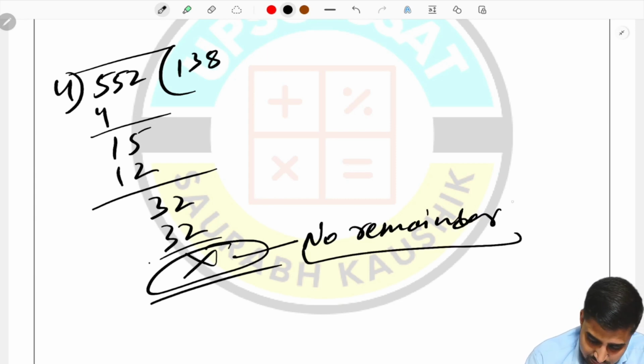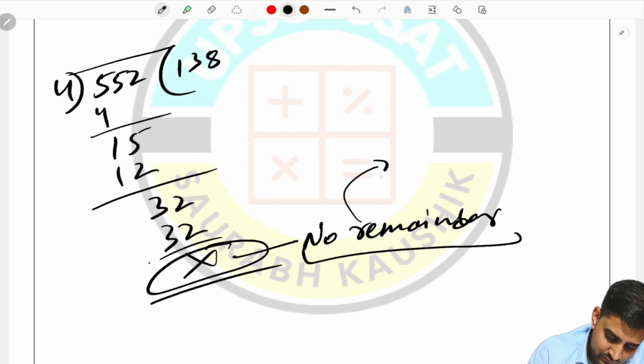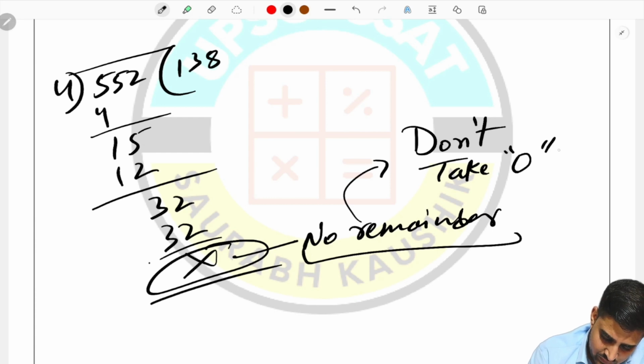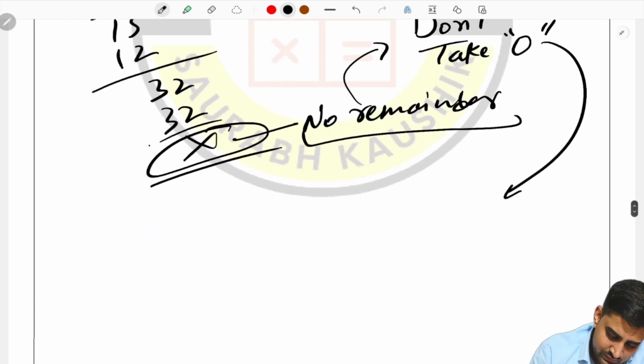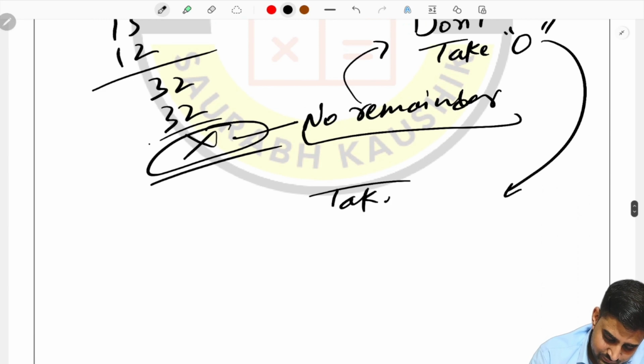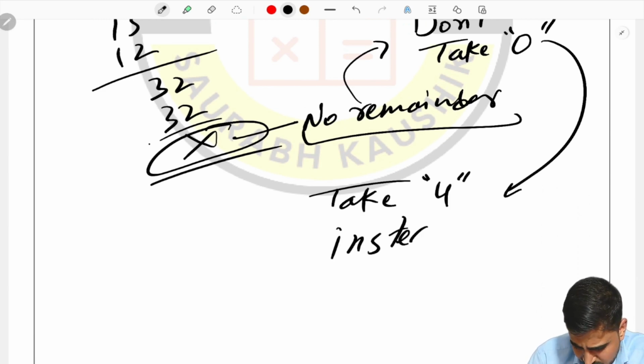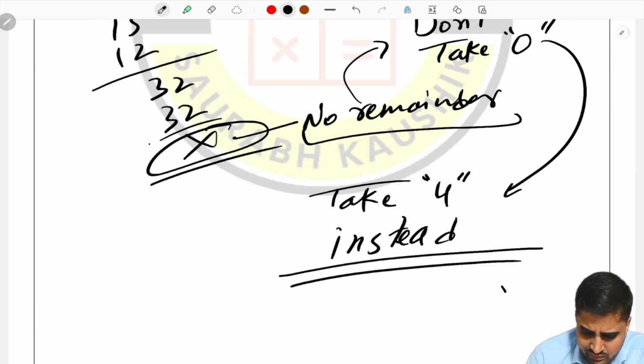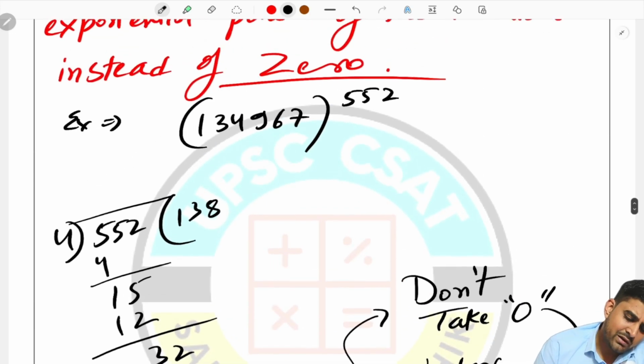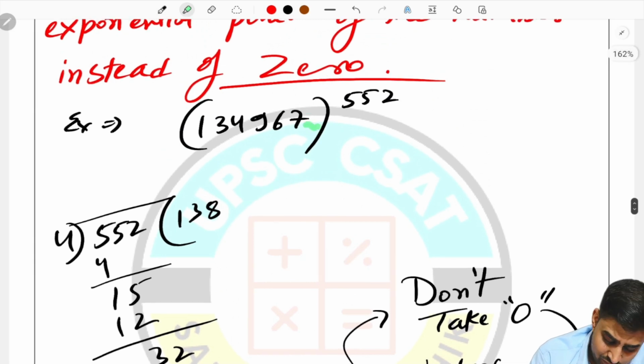Now in this case, don't take 0, take 4 instead. I will keep that for your understanding. I know it will be a bit confusing for you, but we have to do it, na.